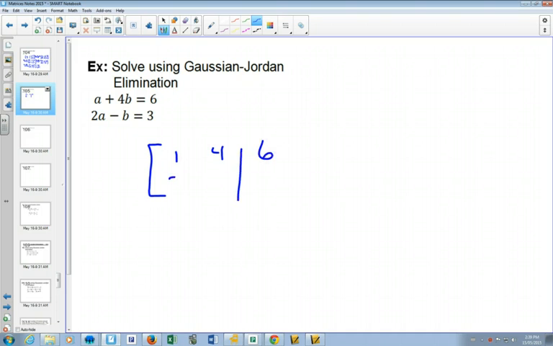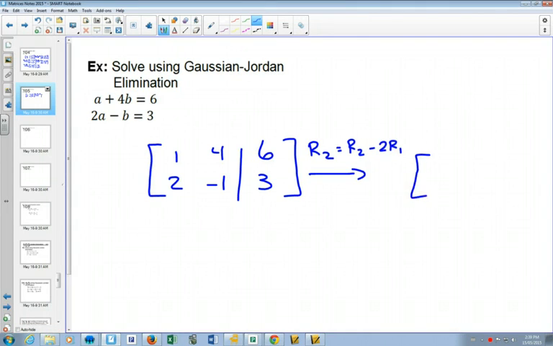4, 6, 2, negative 1, 3. Now, if I want to get a 0 here, where the 2 is, I'm going to have to take row 2 and subtract 2 row 1s. Now, that's not changing row 1, so I can keep that all the same.